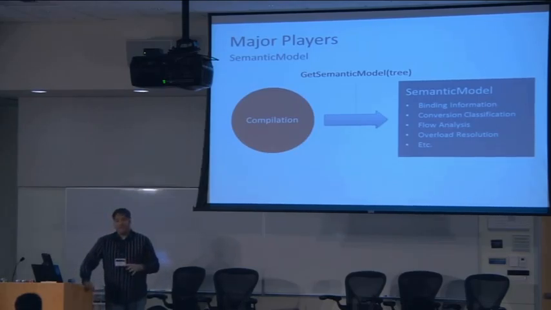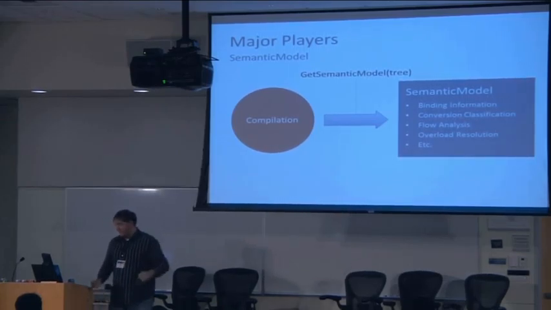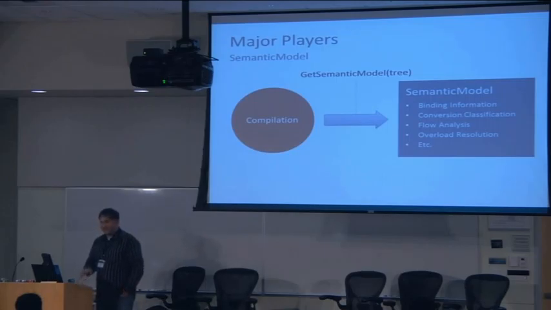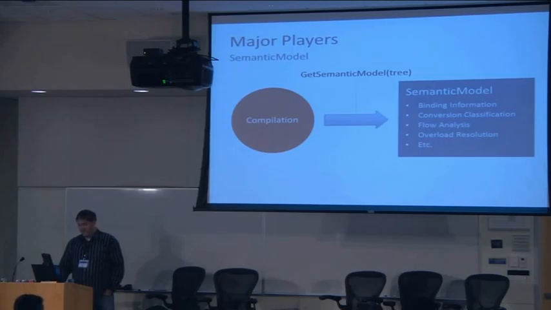Instead, we've taken the approach of providing a binding API that you can ask questions. That's the semantic model. So I can ask questions of nodes in a tree that's in the compilation. I can ask, what is the symbol that some expression binds to? But you don't get to walk a bound tree, per se. So you can ask all these various different kinds of questions about overload resolution, conversion classification, all sorts of interesting stuff off the semantic model.